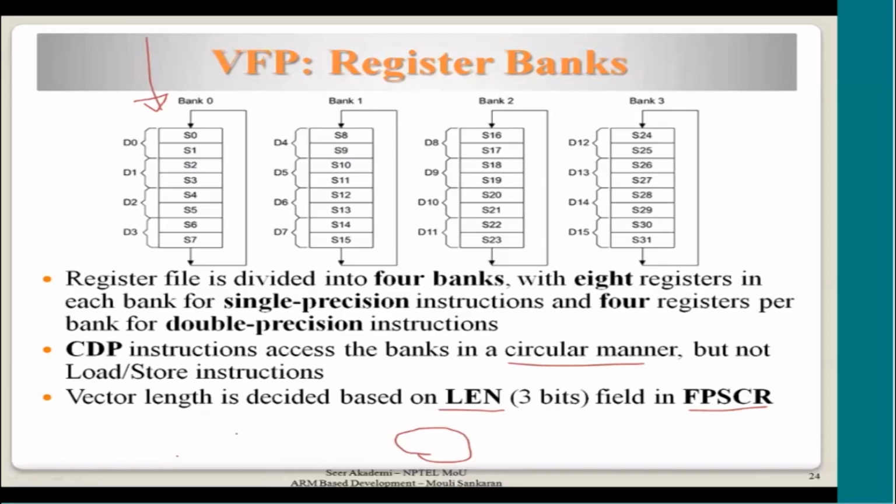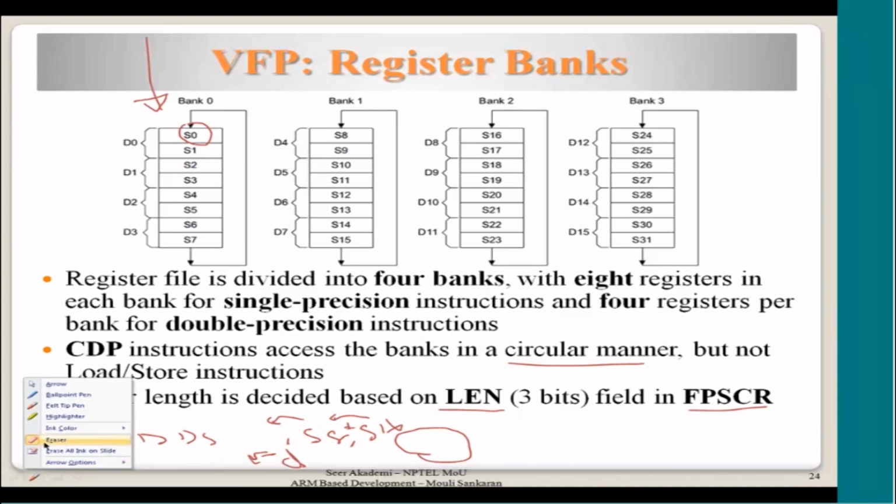Suppose you have FADDS S0, S8, S16. What does it mean? S8 and S16 are added and put into S0. Now this destination register, FD, the floating point destination register, happens to be from bank 0. Is it S0? Sorry, this is not very clear.